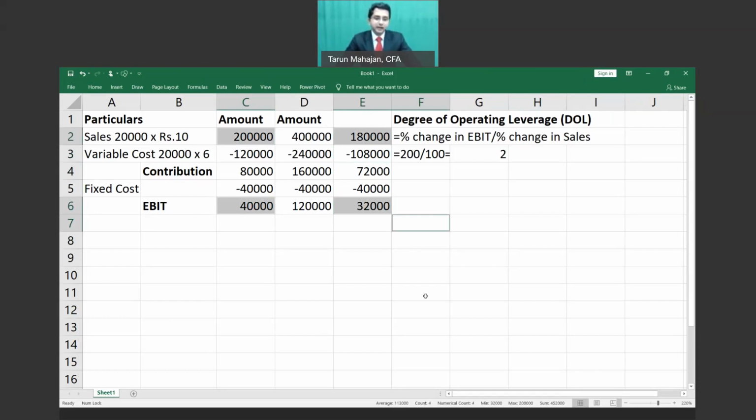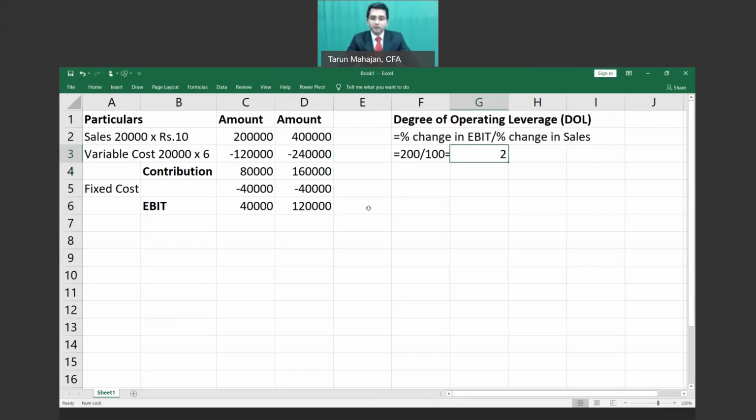Okay, great. But there is a shortcut also to calculate this degree of operating leverage. And the shortcut formula is DOL is equal to contribution divided by contribution minus fixed cost. And the beauty of this formula, you don't need 2 columns for amount. You can calculate DOL with the starting point itself.